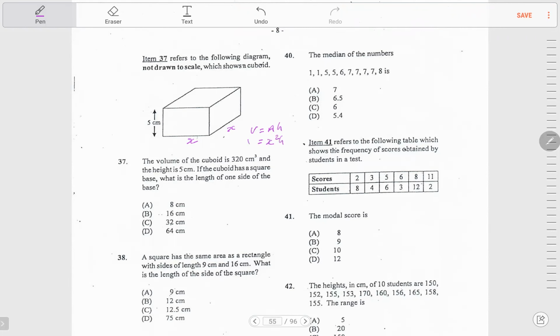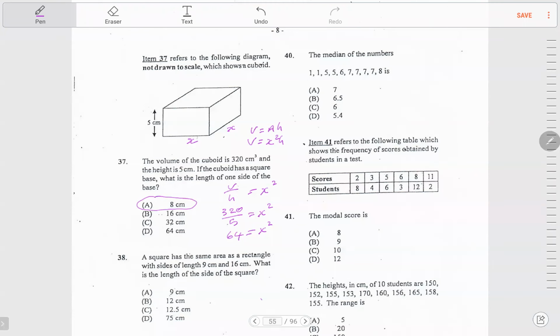So x squared equals the volume over the height. So the volume was 320 over the height of 5 equals x squared. So x squared became 64, and so x is equal to 8. Square root of 64. All right, that's what we did.